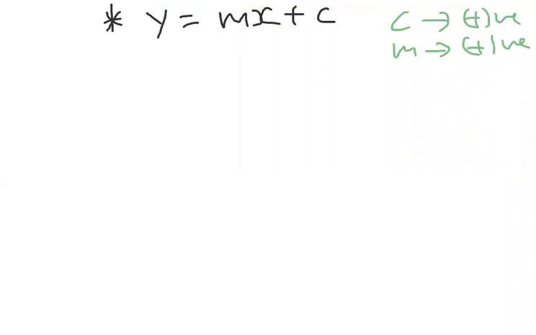C positive indicates the graph will start from the positive y-axis. This is the c point. If c is 0, the graph starts from the origin. But c is positive, so the graph touches the positive y-axis.